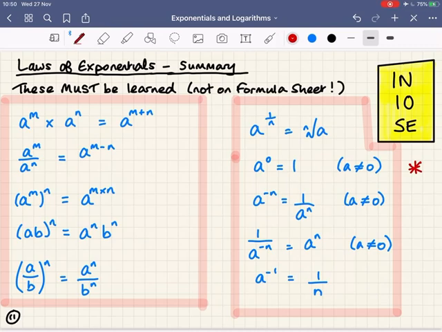Make sure that you also know that when you're dealing with negative indices, you can't have a value of A that's equal to 0 because you can't divide by 0. But there's a nice summary for you. Whilst you're still working with exponentials and you haven't mastered it, have those to hand so that you can refer to them.